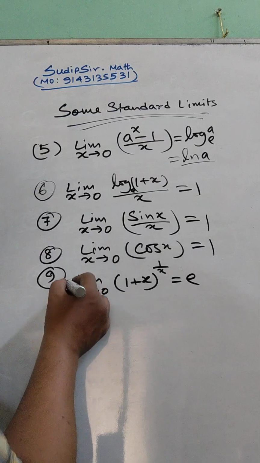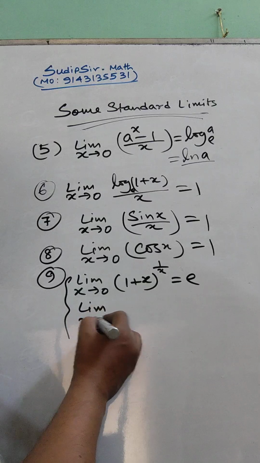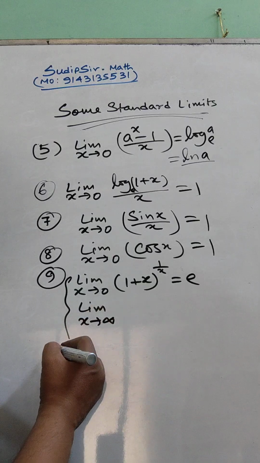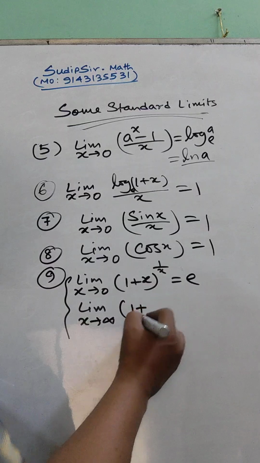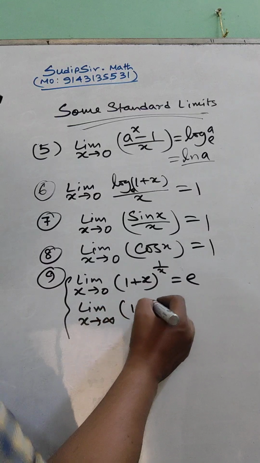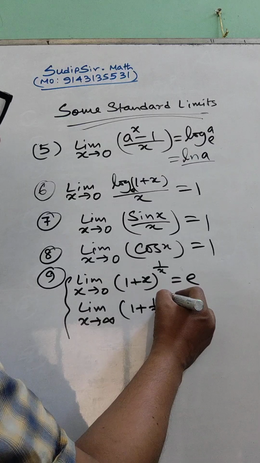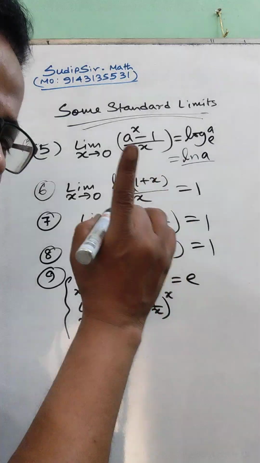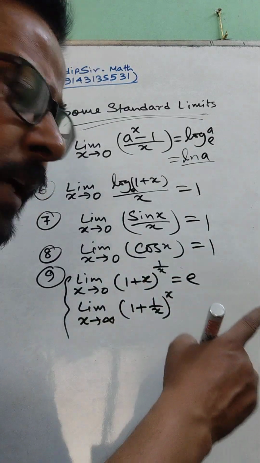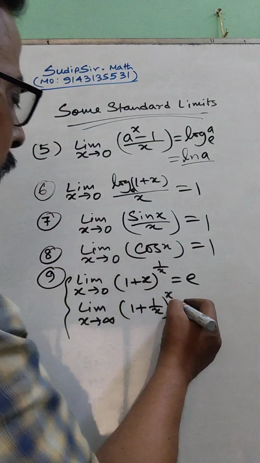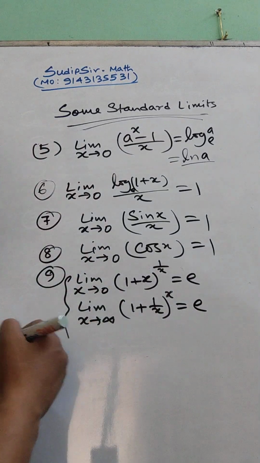And if x tends to infinity, then (1 plus 1 by x) whole to the power x, that is an infinite series, becomes the exponential part, and this will also be e.